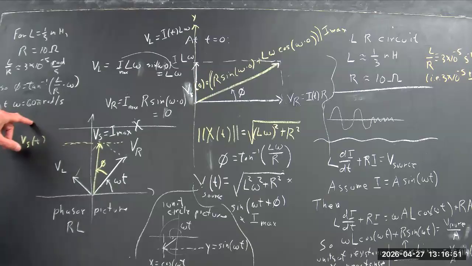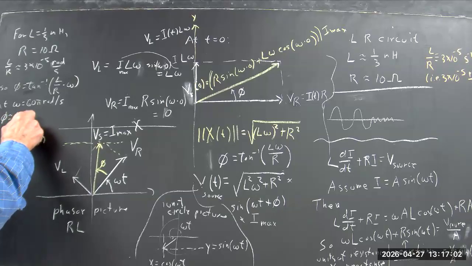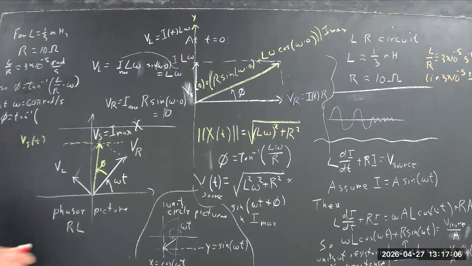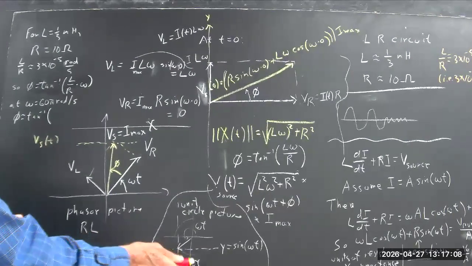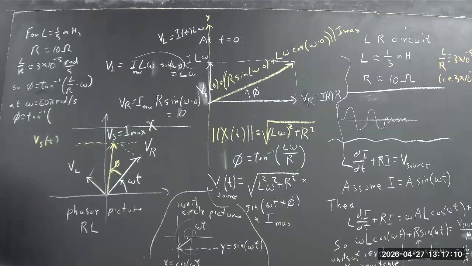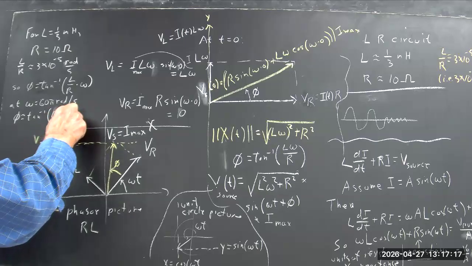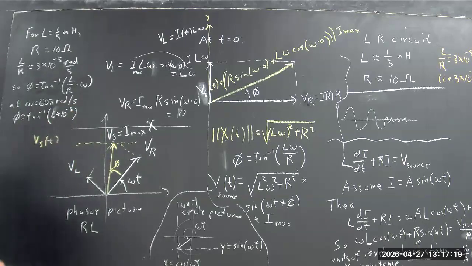Well, you take 60 pi, which is about 200, and multiply by 3 times 10 to the negative fifth. You can do the calculations. It's going to be the inverse tangent of like 6 times 10 to the negative third.